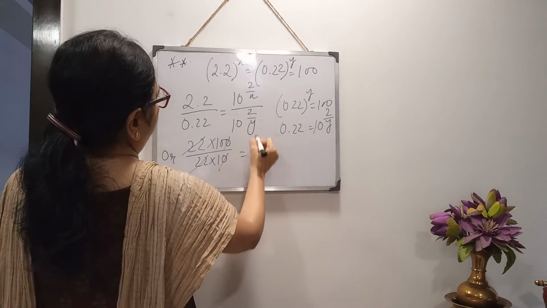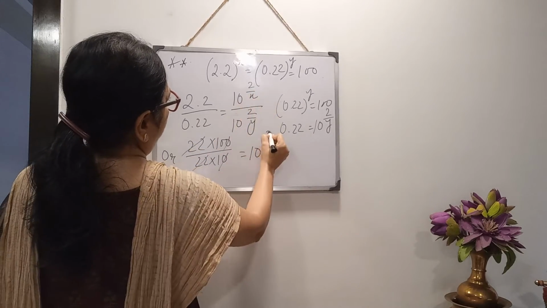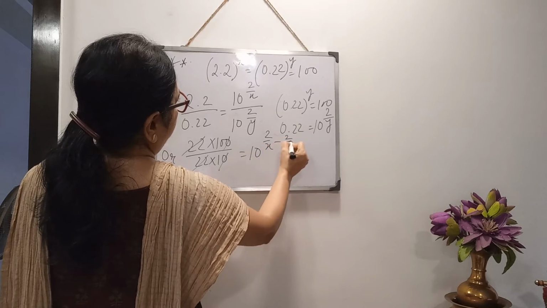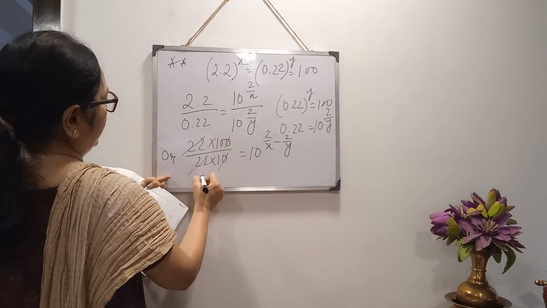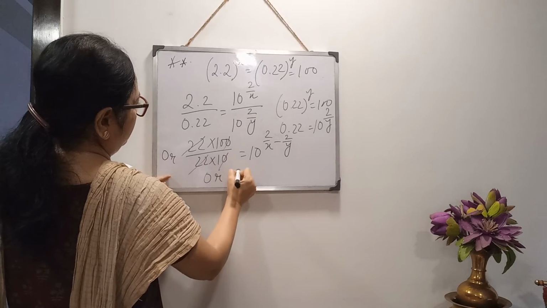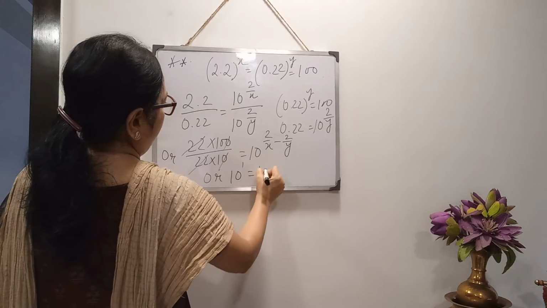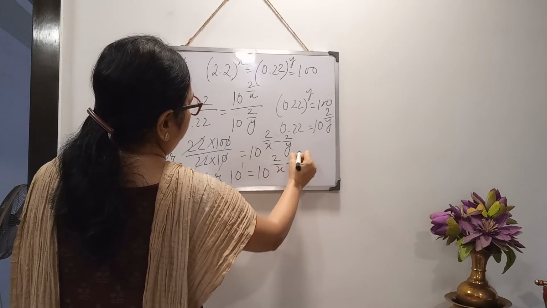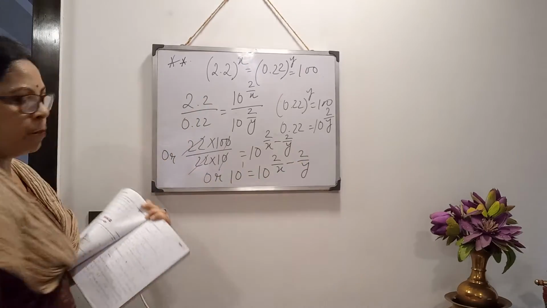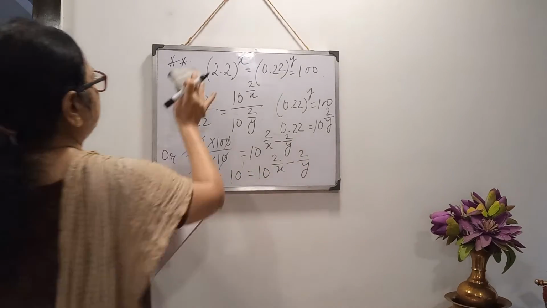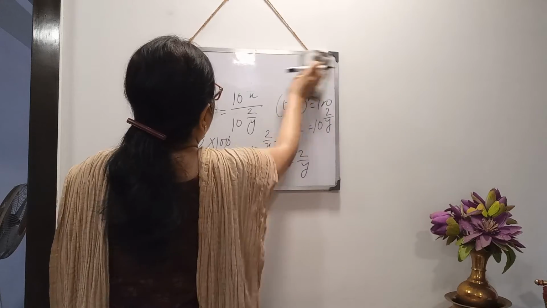And on the right-hand side, division, base same, so powers will be subtracted. Here 10 means 10 to the power 1, and 2 by x minus 2 by y. This is an important sum.